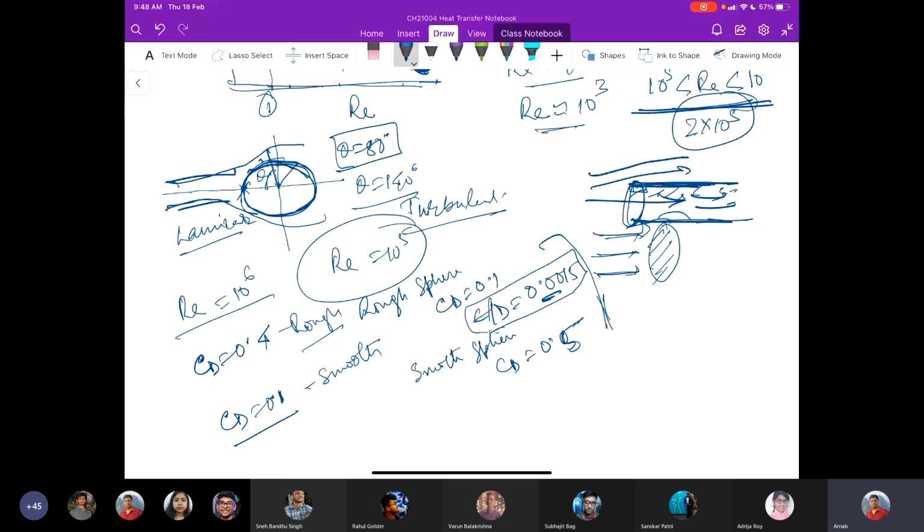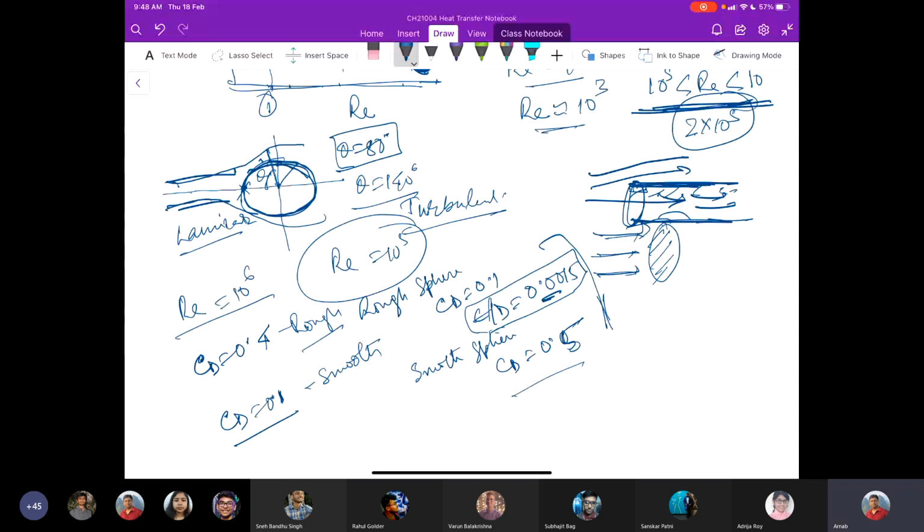The point is that, the bottom line, roughening a surface can be beneficial in reducing the drag, but that will happen within the appropriate Reynolds number range. If you do not take care of that, that is going to adversely affect your design.